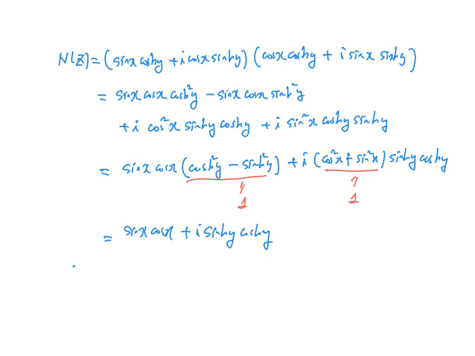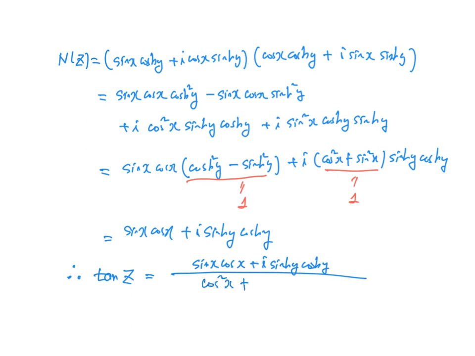So we have tangent z is sine x cosine x plus I sine hyperbolic y cosine hyperbolic y, over cosine square x plus sine hyperbolic square y. So that's our formula for tangent z.